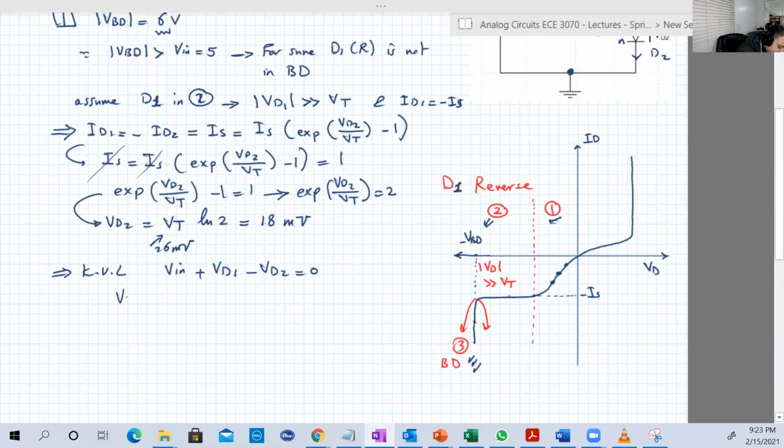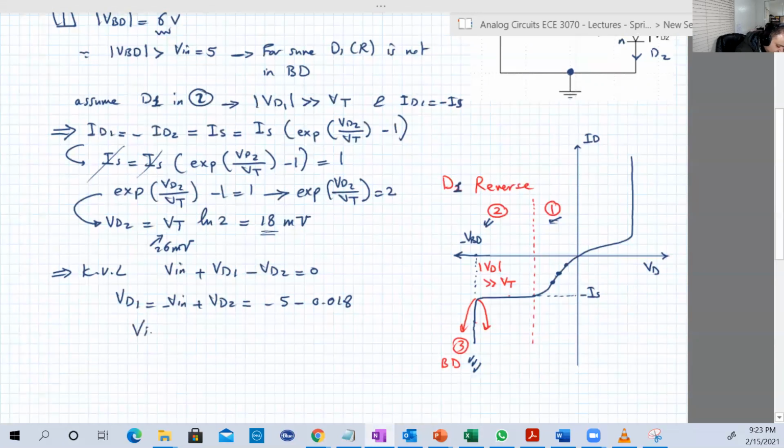So we can say that VD1 is equal to minus V input plus VD2, equal to minus 5 plus, remember this is 18 millivolt, not 18 volt. That's a common mistake. Remember to convert from millivolt to volt. It's 0.18 volt.